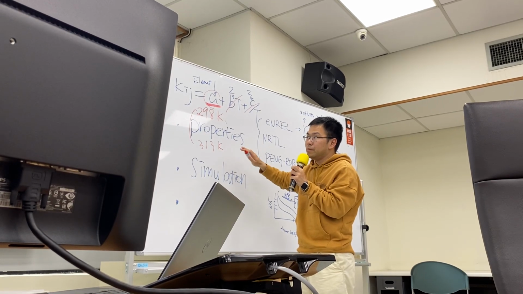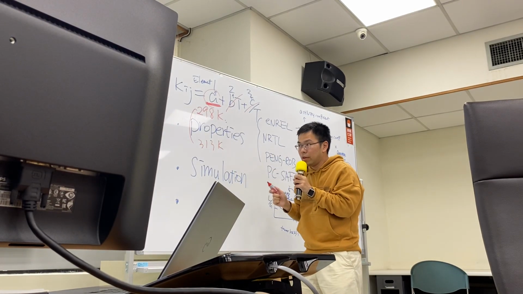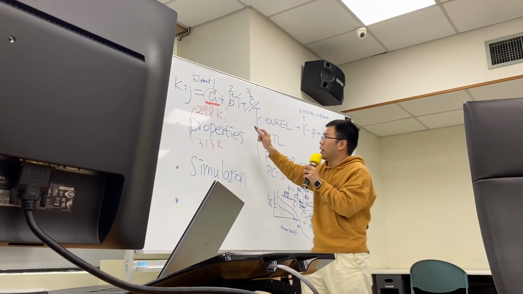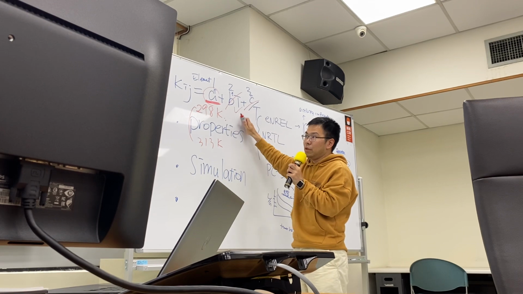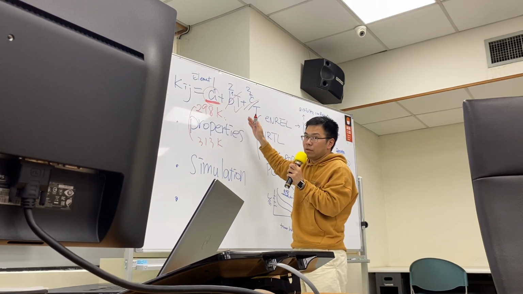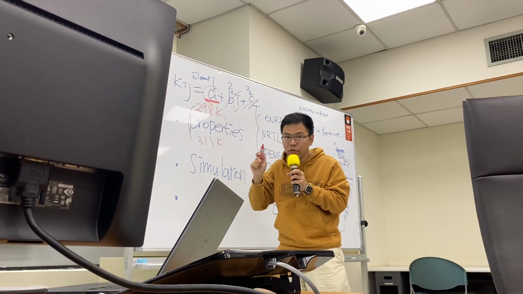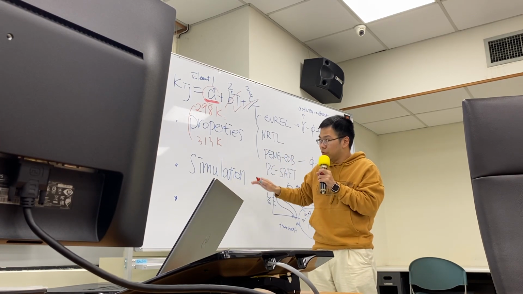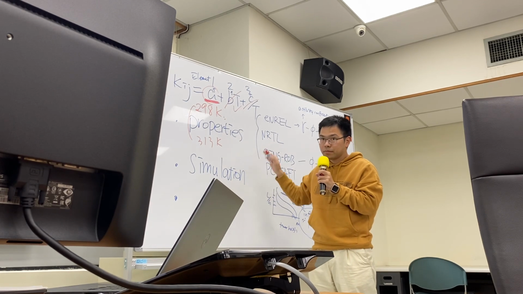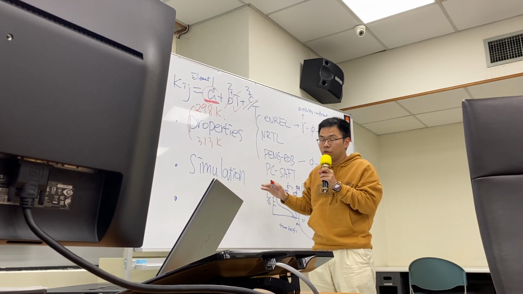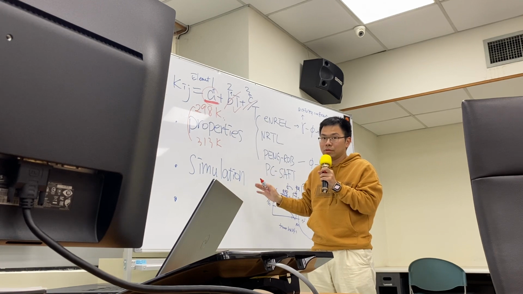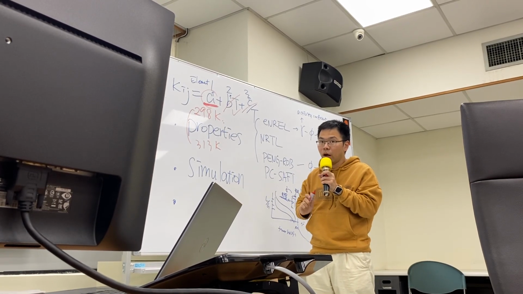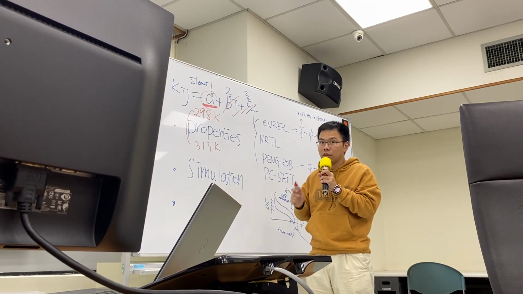Okay, but you may come up with one question like, why don't we just add temperature dependency, right? But if you are a model developer, if you develop a whole process model, you will end up with a lot of parameters. Using as few parameters as possible allows you to save computational time.